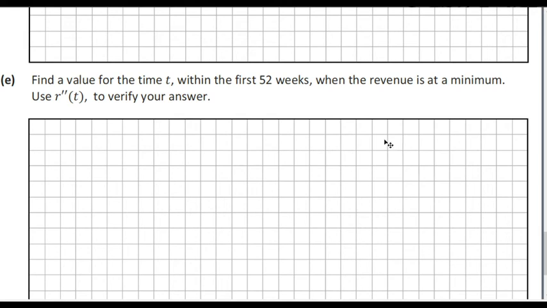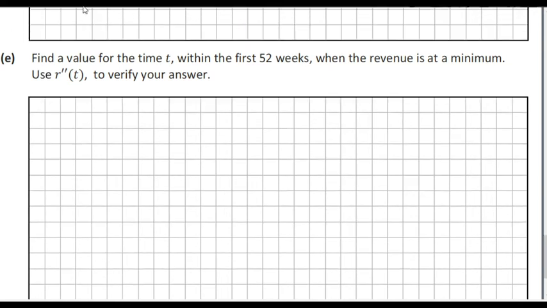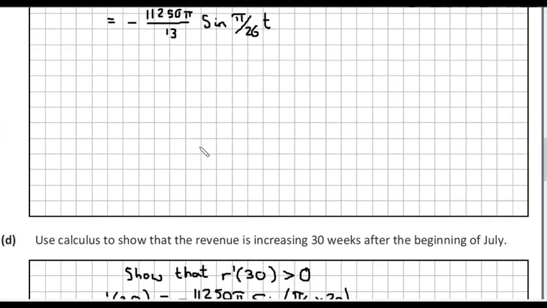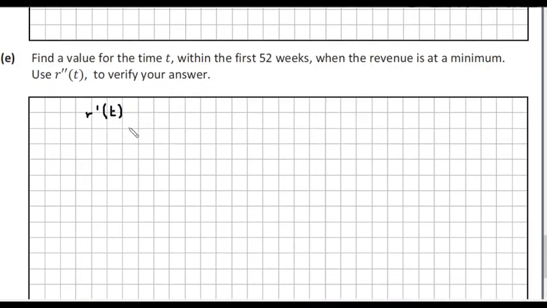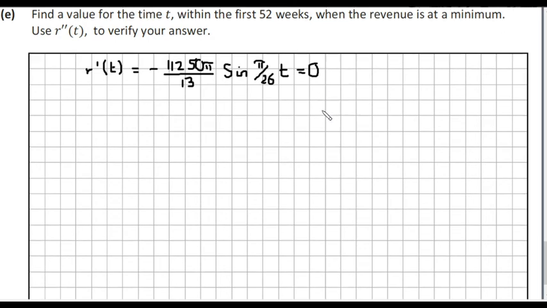So we're going to use our first derivative here. The first derivative was minus 11250 pi over 13 sine of pi over 26 t. Now we let our first derivative equal 0 and solve for t.